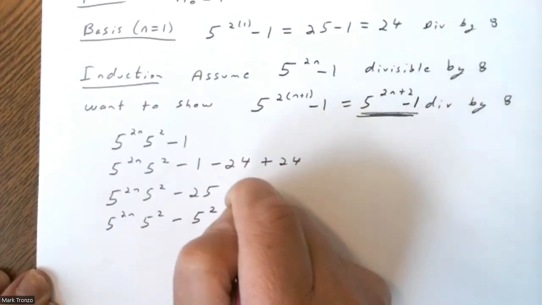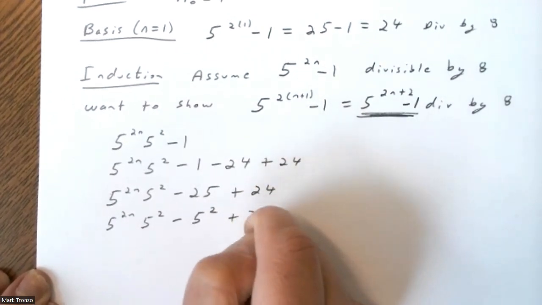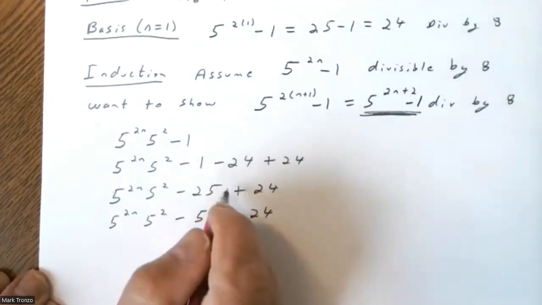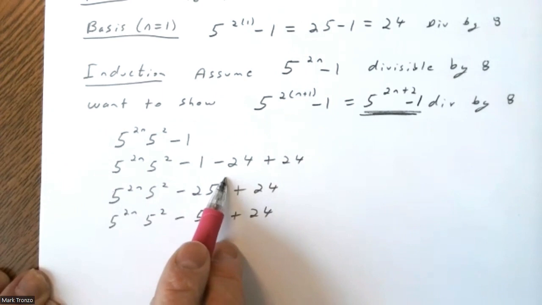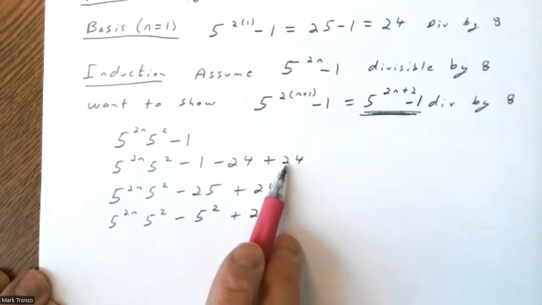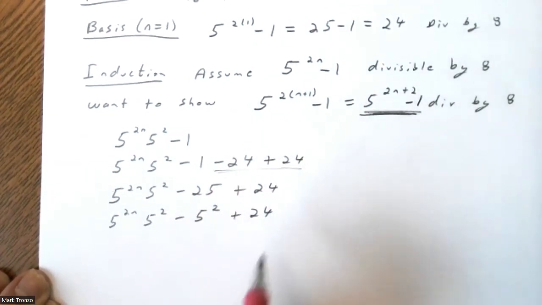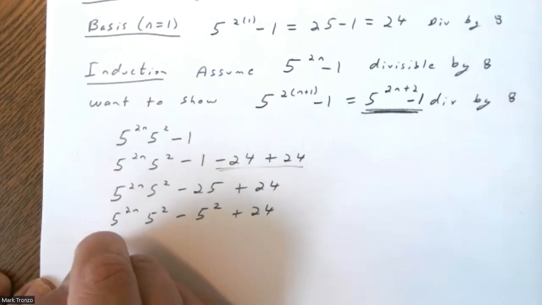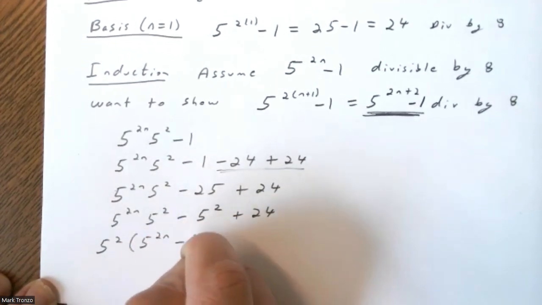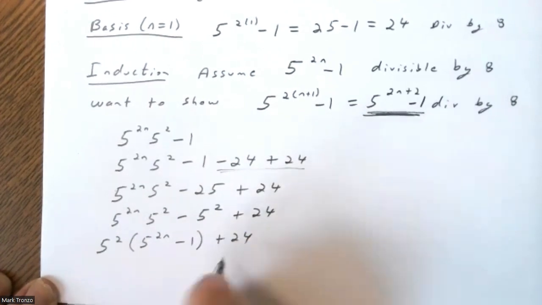You're wondering where's that magic coming from? Add 24 here. And then now we can factor, like Derek said, by subtracting this 24 and then adding 24. Of course, we're allowed to do this because we're just adding 0. We can factor out the 5 squared here: 5 squared times (5 to the 2n minus 1) plus 24.